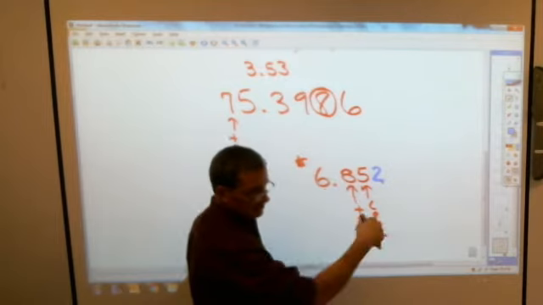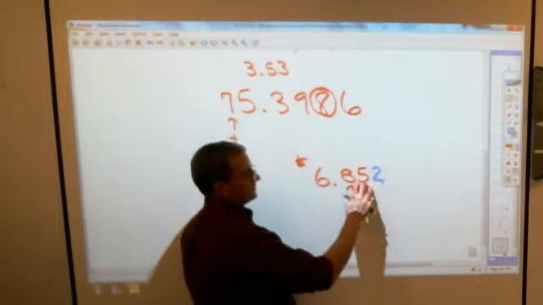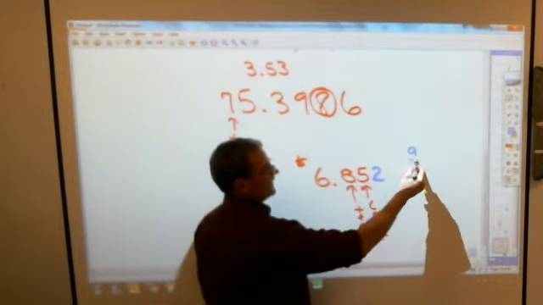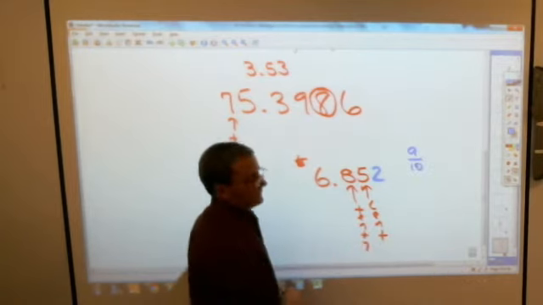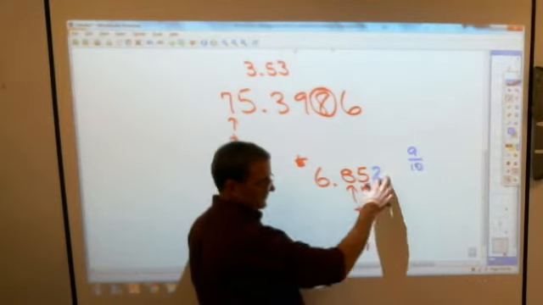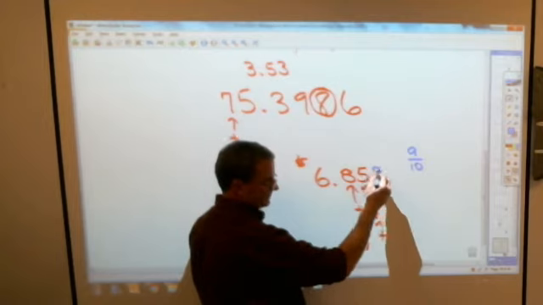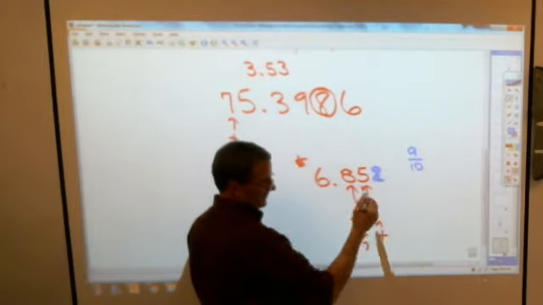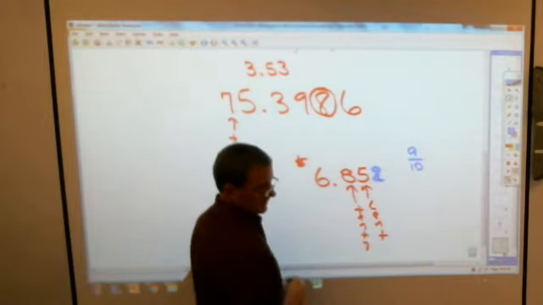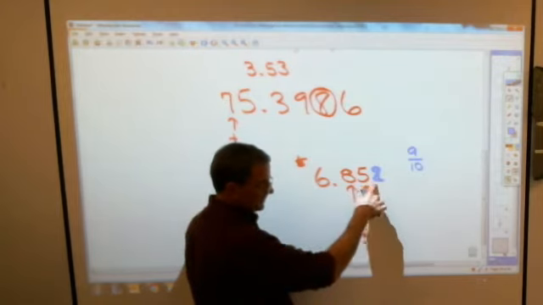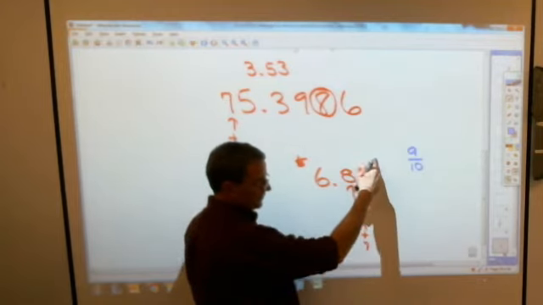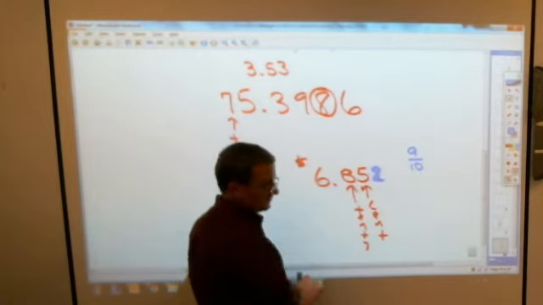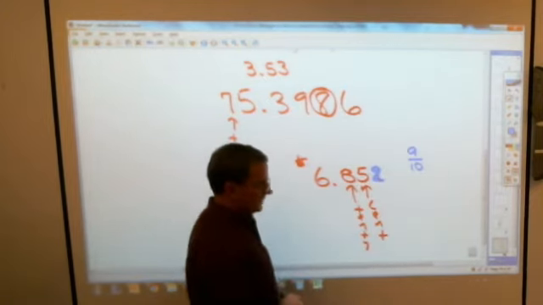Every gas station has the price of gas, and then they have like a 9/10. That's because they actually go to this next place, and there's actually a 9 here. I don't know why they've done it. Probably since the beginning of time. That's a tenth of a cent. If it was a 1, it's 1/10 of a cent, 2/10 of a cent, 3/10. This is 9/10 of a cent, which means it's really close to $6.86.